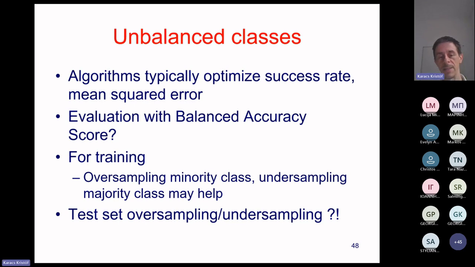When you oversample and undersample the test set, you just don't know whether those are going to be truly samples that you can trust. So it's better to avoid touching the test set and just go with the balanced accuracy in terms of evaluation.